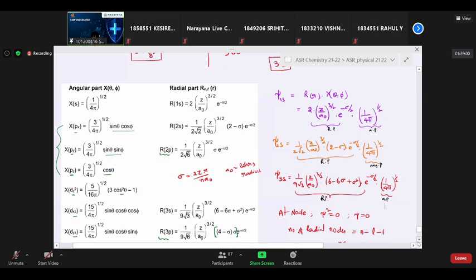Psi 1s: radial part and angular part product. Psi 2s: radial and angular product. Psi 3s: radial and angular product. Likewise, just mention them. I will give you a technique for what kind of questions they will ask you and how we solve them based on our ideas.